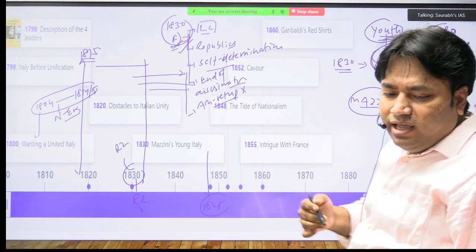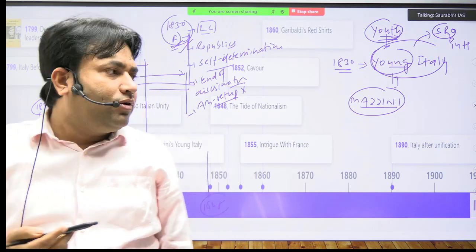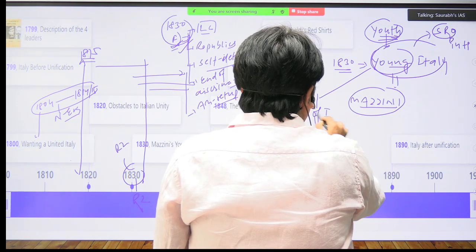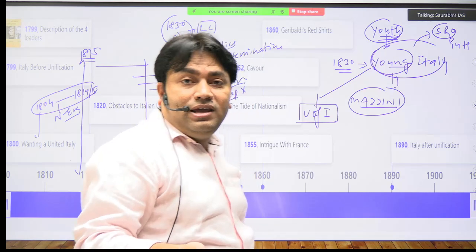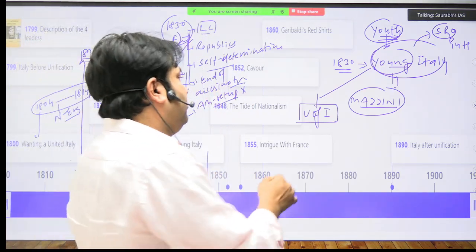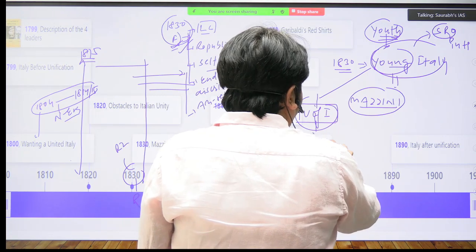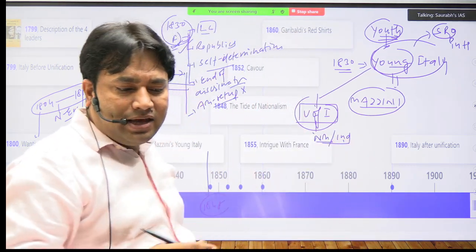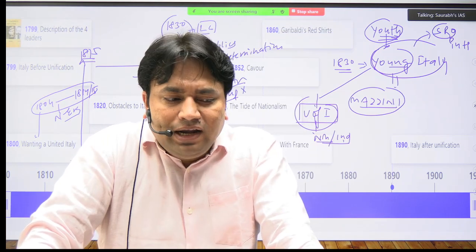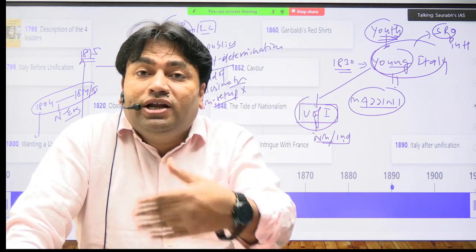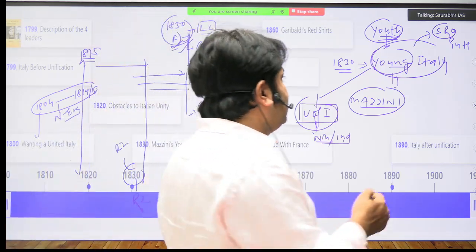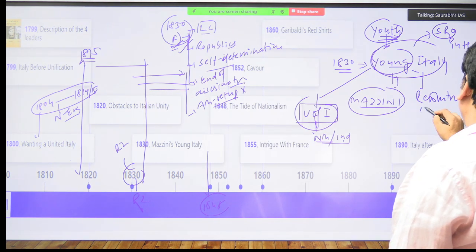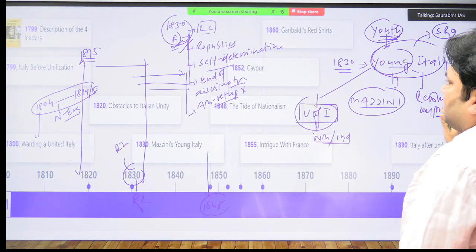It was founded by Mazzini, and this organization was fighting for the unification of Italy. This idea of unification is like the national movement or independence of Italy, and since this was a revolutionary organization, various revolutionary uprisings were also seen.